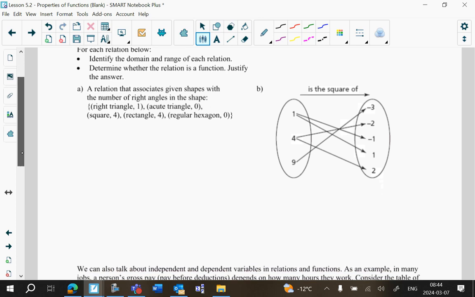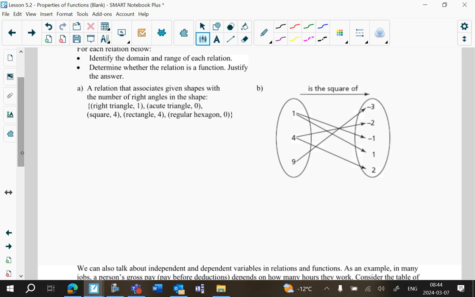So when we list the domain and range, you can just put D. We have to list them in braces. Proper notation. And then really all you're doing is just listing all the first elements.